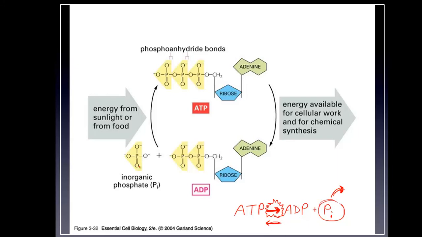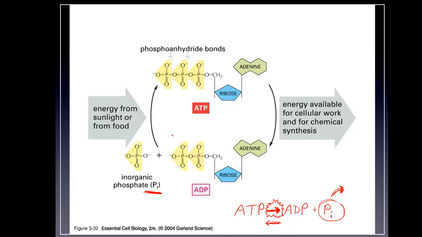So let's take a look at this diagram. This represents energy from sunlight or from food. So this might be the glucose that you had for your breakfast. What it's actually doing, that glucose is used to make ATP. It's taking the inorganic phosphate and bonding it back together with the ADP to make ATP again.